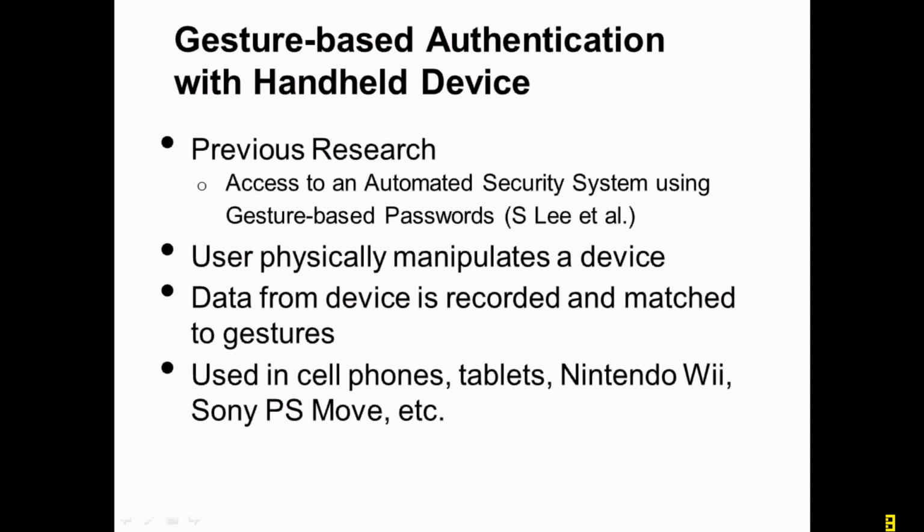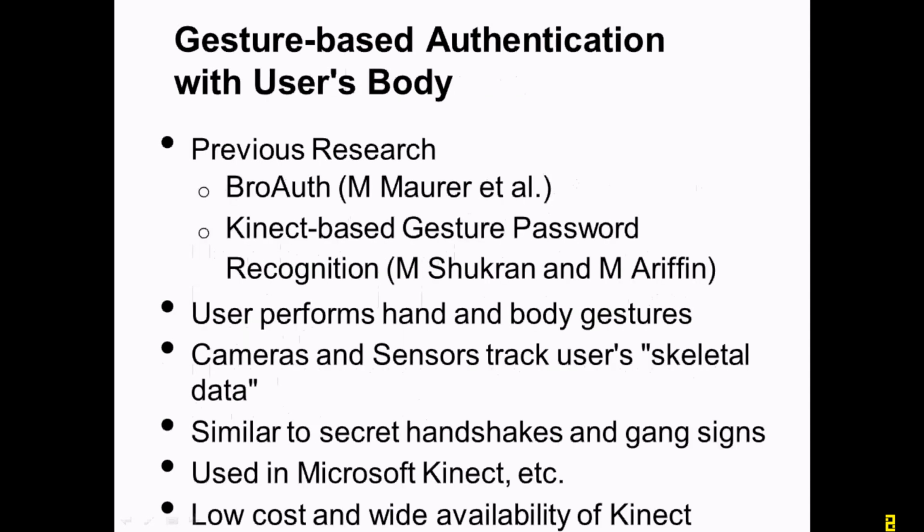But what if you don't have a device? What are you going to do? Can you do something without a device? That's where this other flavor of input comes in, where you're actually using the user's body. Here the user performs hand and body gestures, and the device, cameras, and sensors track the user and gather skeletal data and depth information, and use that to deduce a gesture.